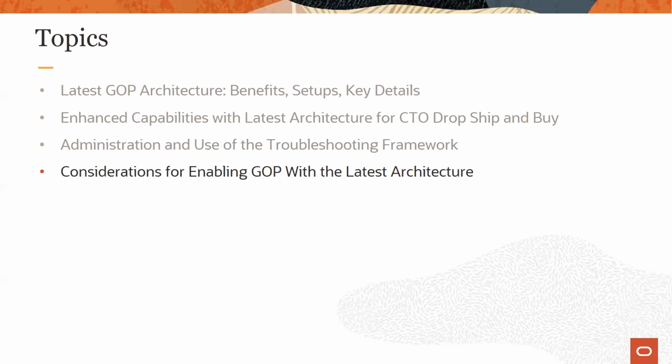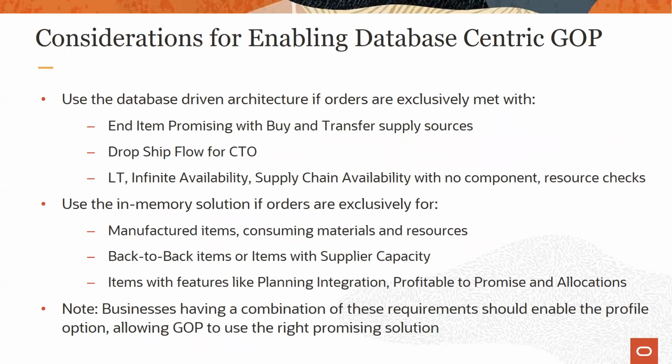So with that, we'll come to some of the considerations for enabling GOP with the latest architecture. The database-driven architecture can be used exclusively out of the box for business flows that require end-item-based promising with buy and transfer supply sources, or dropship-based business flows, especially for configure-to-order items.